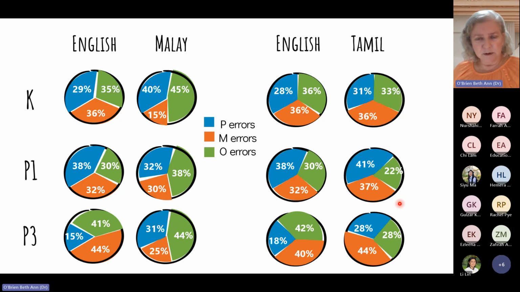When we get to the primary one children, there are differences in all three types: their phonological errors are most frequent, then morphological second most frequent, and orthographic least frequent. And for the third grade group, their phonological and orthographic errors were at the same rate, whereas their morphological errors were greater than these two types.